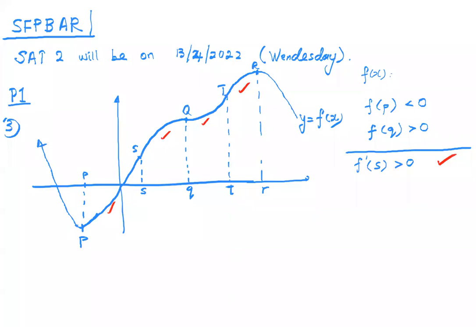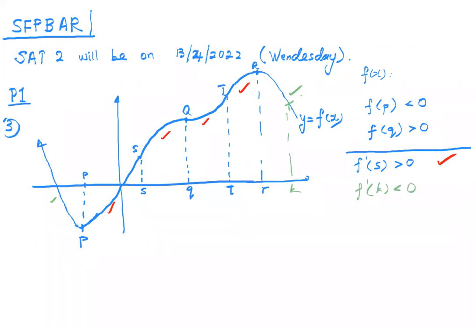And any point along here, I just simply mark a point here, I call it K, will be less than 0.